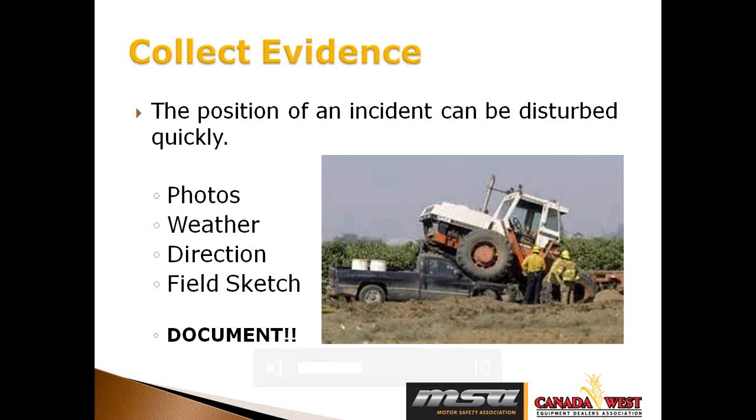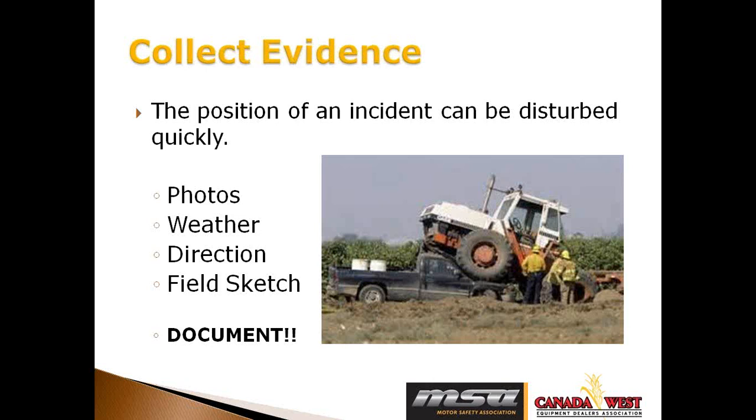When you're out there doing that investigation, a good thing to have readily available with you is your investigation kit. That could include a disposable camera, or a digital camera ready to go with you, your pre-inspection template reports that you can write on, tape measures, pens, notepads, etc. So there are things that you want to have available and ready to go when there's an event to come out and investigate and collect evidence, because the last thing you want to do in a situation like this is be scrambling.